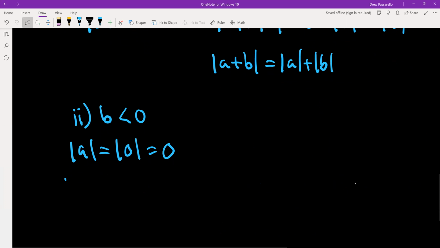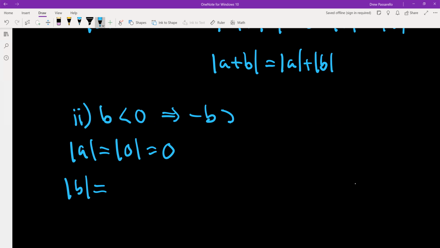In this case, since b is negative, that implies that negative b is positive. So the absolute value of b is equal to negative b. That's positive, but that's just added information. The point is that the absolute value of b is equal to negative b.